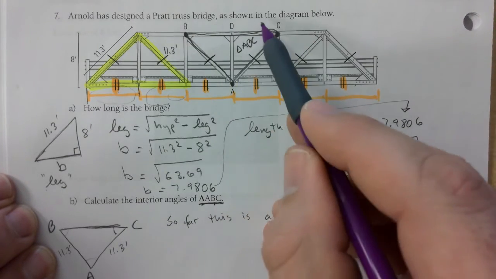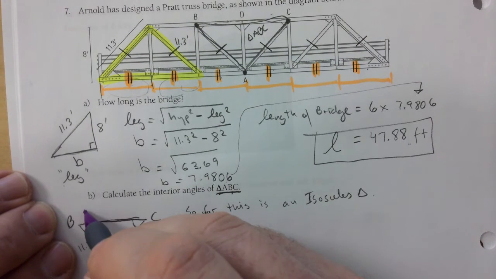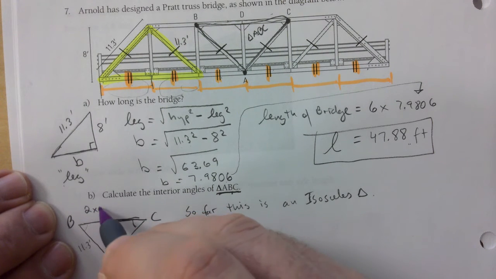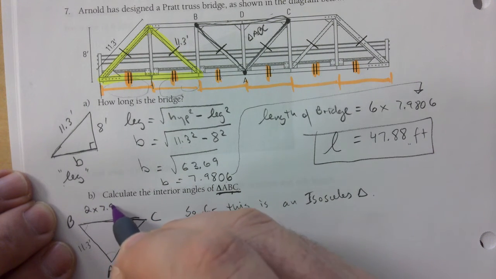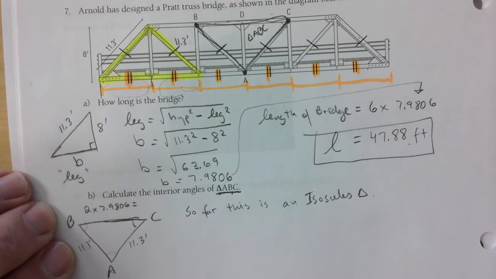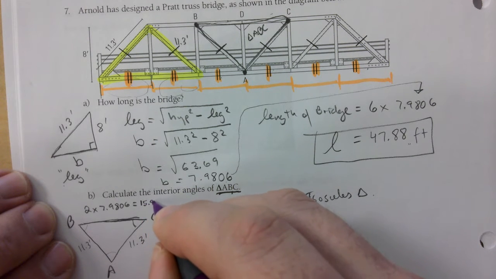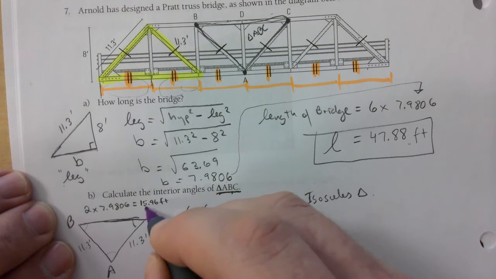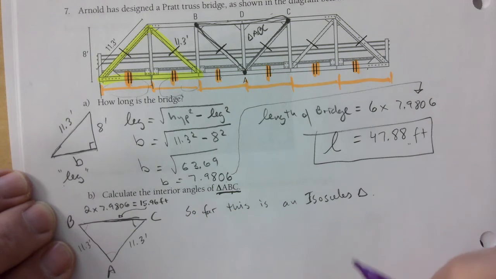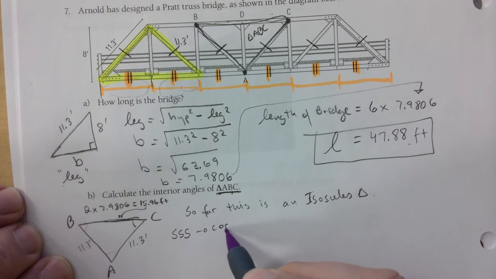Because there's two sections here. So we'll just go 2 times b. 2 times 7.9806 is 15.96. For that length. So that's triple S, use cosine law.